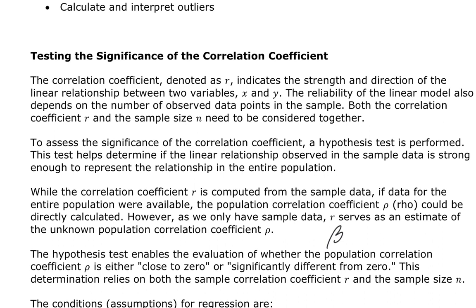It's still the population parameter. The hypothesis test enables us to evaluate whether the population correlation coefficient is close to zero or significantly different than zero. So, is it zero or not zero? This determination relies on both the sample correlation coefficient R and the sample size.